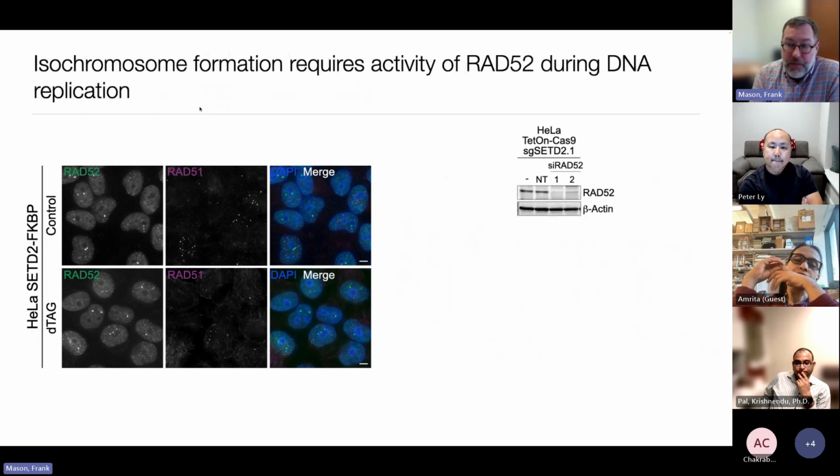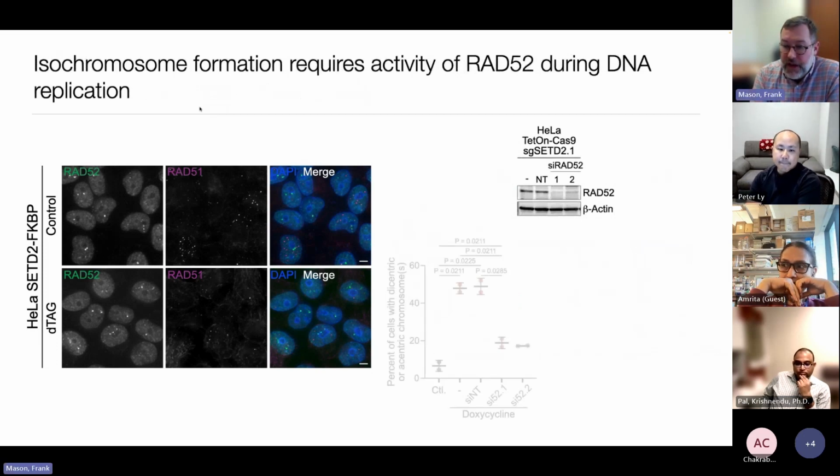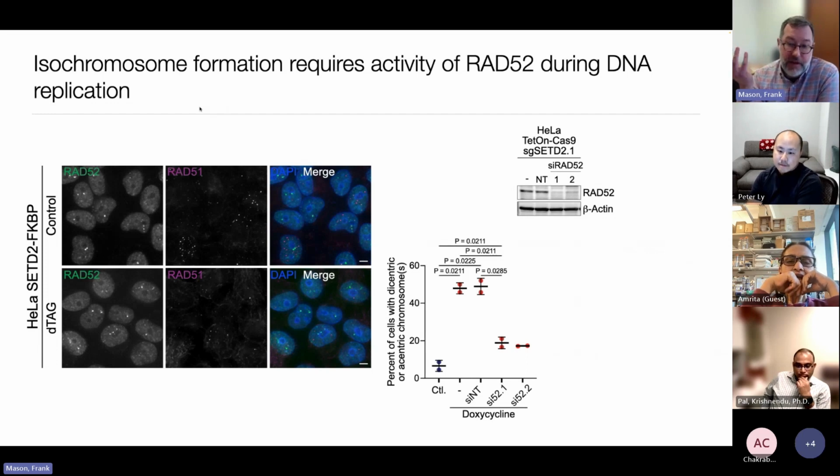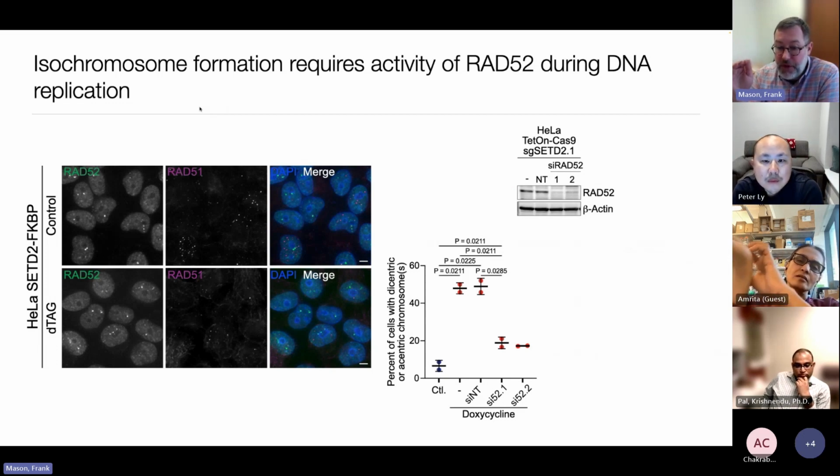We then depleted Rad52 using siRNA and quantified the penetrance of cells with acentric or dicentric chromosomes. In control SETD2 knockout cells, we see about 50% of cells with dicentric or acentric chromosomes. We see the same frequency when we use non-targeting siRNA.